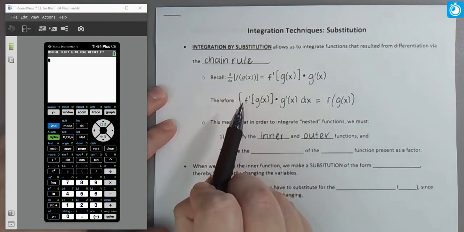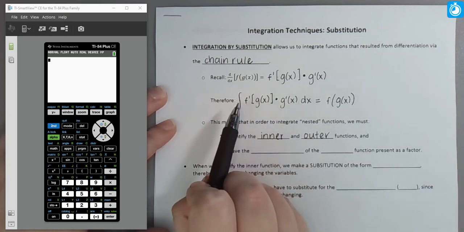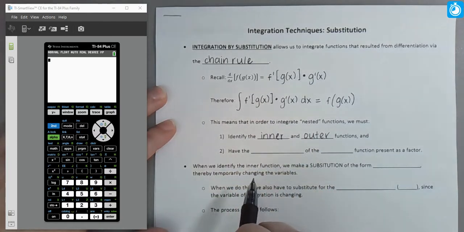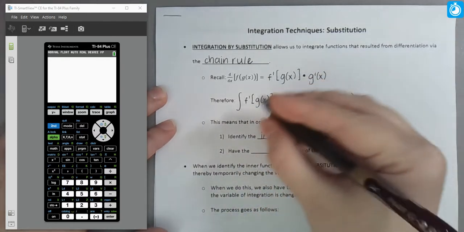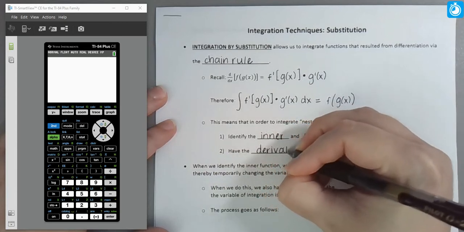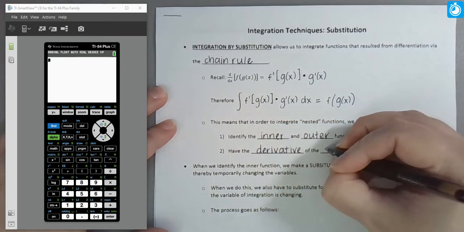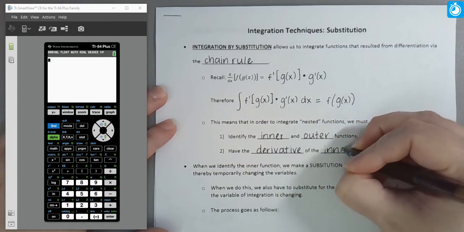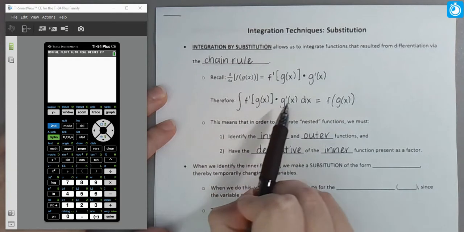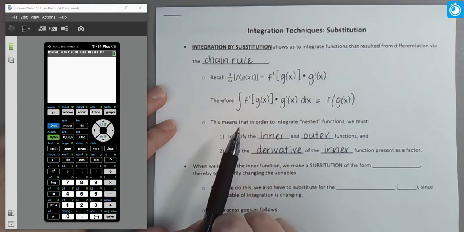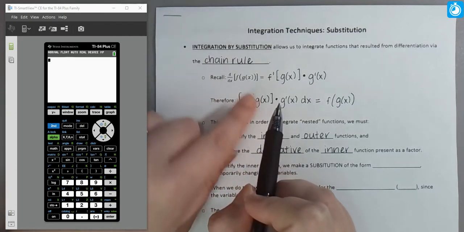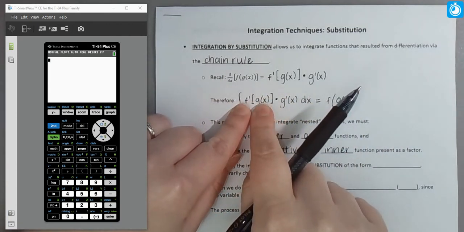And also, based on the form that comes from differentiation with the chain rule, we have to have the derivative of the inner function present as a factor in the function that we're attempting to integrate. So we identify our nested function. We have an outer function and an inner function.